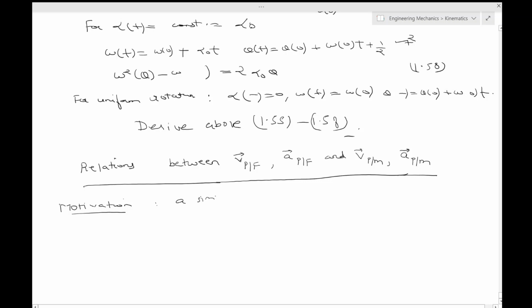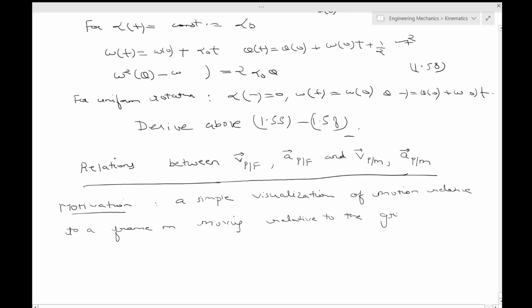A simple visualization of motion relative to a frame M moving relative to the ground frame. The ground frame. Okay.